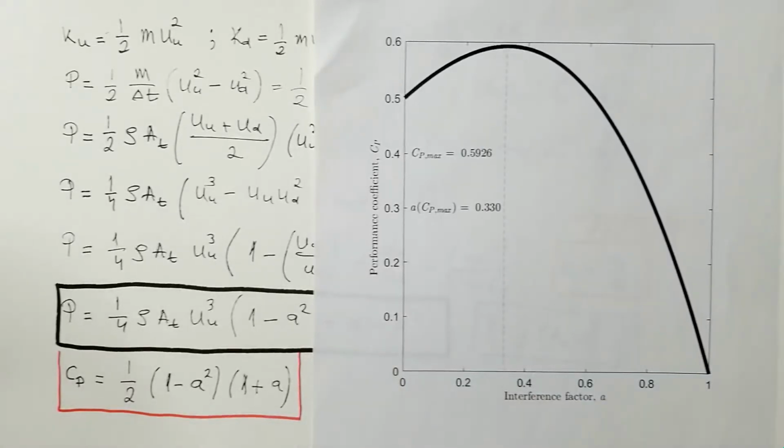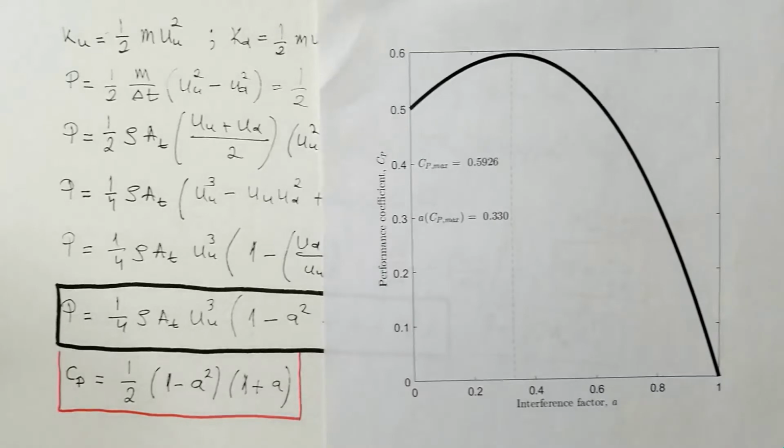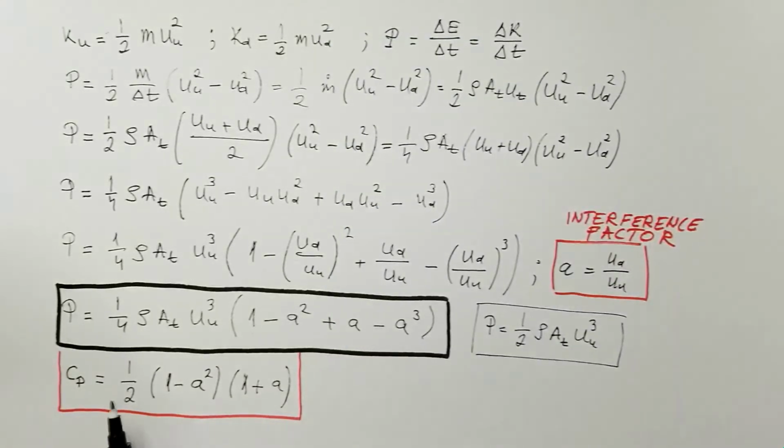Another way to do it that separates boys from the men and girls from the women is to differentiate this with respect to A and then set the result equal to 0.